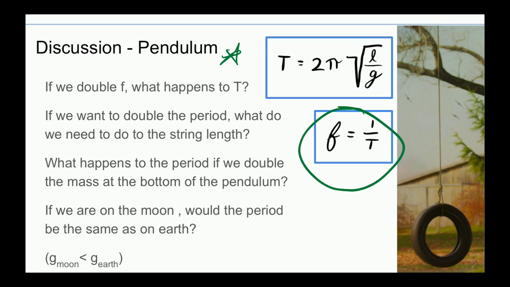You can see that if T gets bigger, F gets smaller, by the same amount. It's a little trickier if you look at square roots, right? So here, if I want to double T to get 2 times T, I have to quadruple L. I have to get L times 4 because it's under the square root.